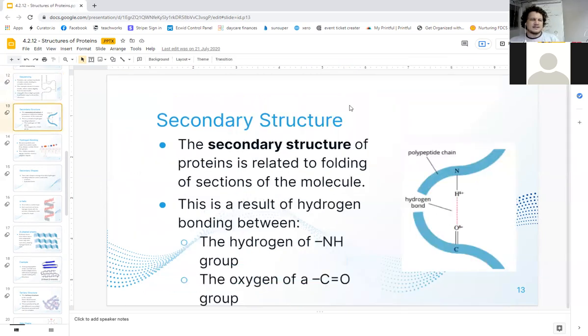So now we're getting to the real stuff. The secondary structure folds the protein like this. So we know that the amine groups have hydrogen bonding, which can interact with the carbon to oxygen double bond on the end of the carboxylic acid.